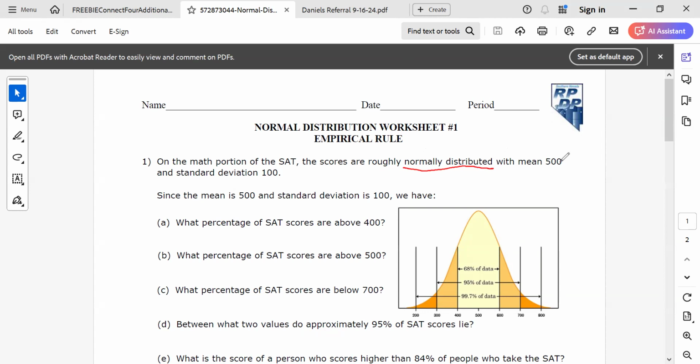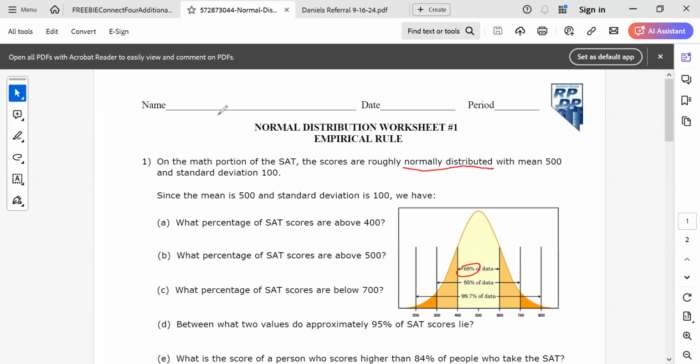With a mean of 500 and a standard deviation of 100. So if y'all look at the diagram they gave you, 500 is in the middle. And then they added 100, 100, 100, subtracted 100, 100, 100. And it shows within this first standard deviation, 400 to 600, you expect to find 68% of your data. Next one out is 95. Third one out is 99.7.